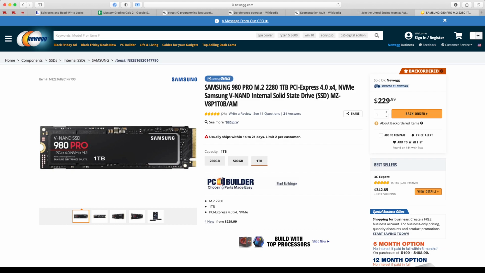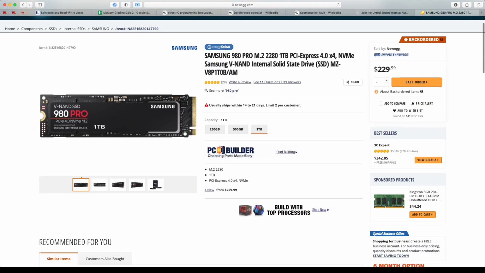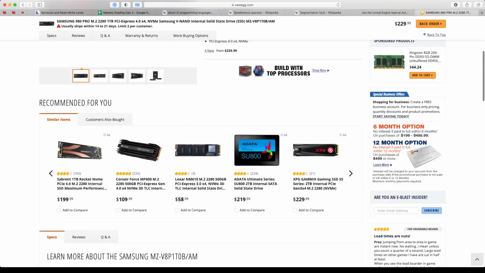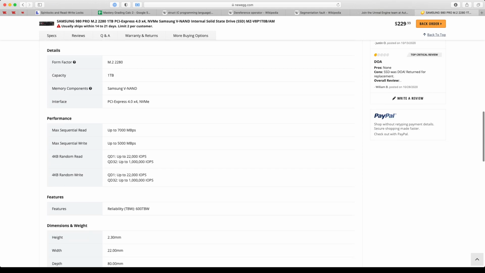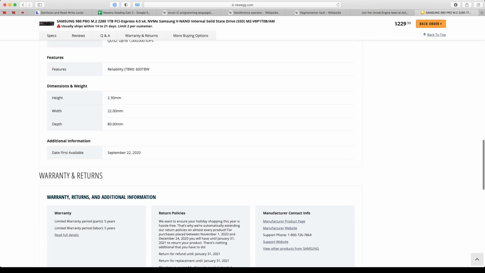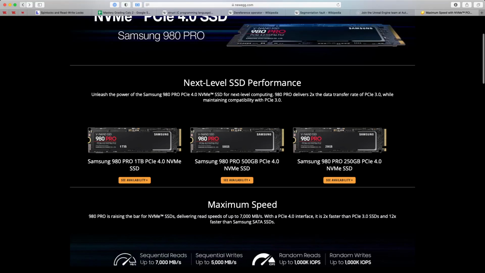Big shock. But this particular one is going to be freaking fast because it's PCIe Gen 4. The memory components, Samsung markets this as VNAND, and I'm not entirely sure exactly how they build their cells. But let's go back and look at a couple of other ones.